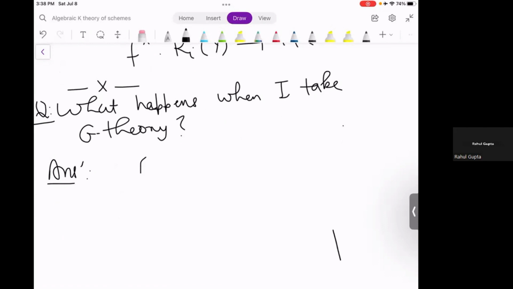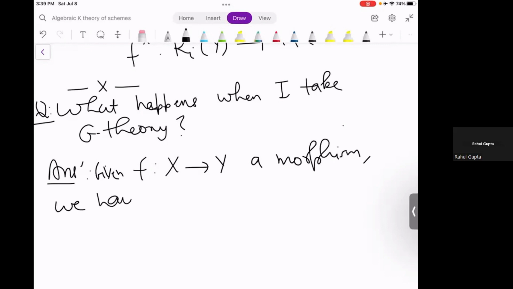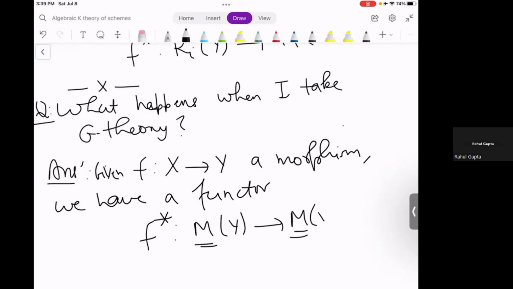So what we have, let's recall, we had a morphism X to Y, given a morphism. We have a functor. We just discussed this functor. We have this pullback functor from M_Y to M_X. Yeah, so we do have this functor.